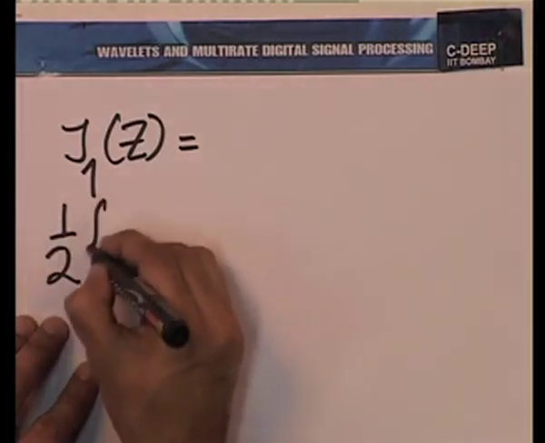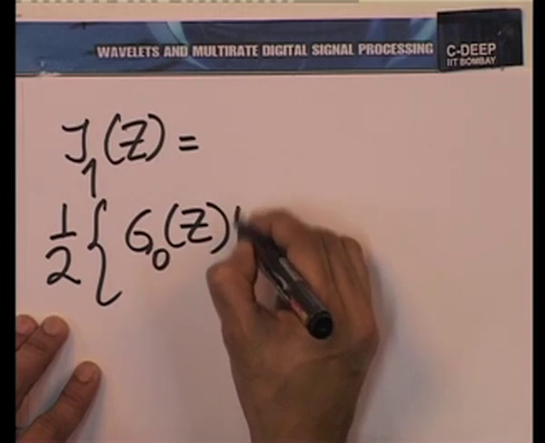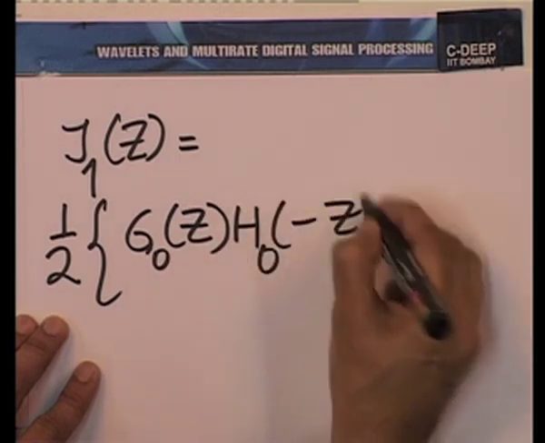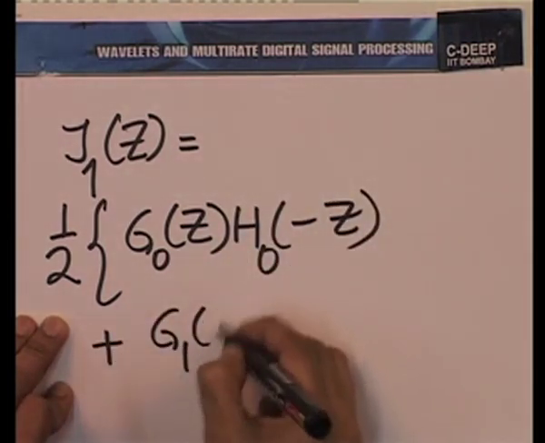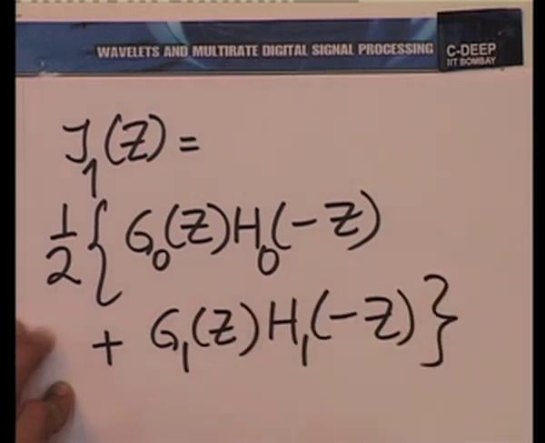And now, we write tau1(z) as well. So, tau1(z) would be G0(z)H0(-z) plus G1(z)H1(-z).